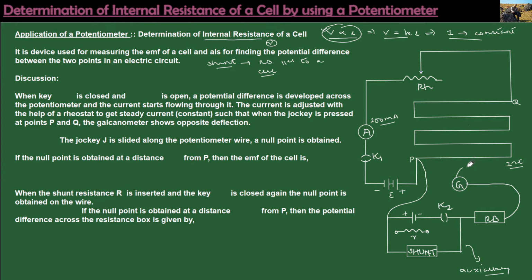This will be the circuit arrangement. Suppose over here we have these two keys, key 1 and key 2, and we will also have a pencil jockey for finding the null point.